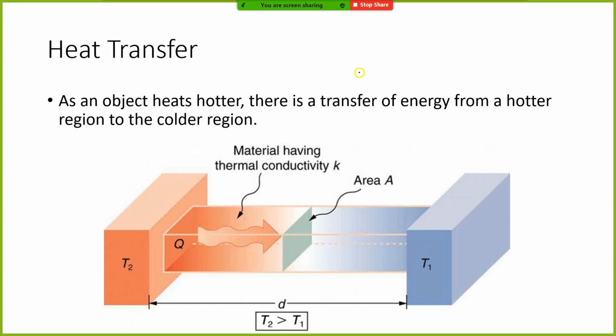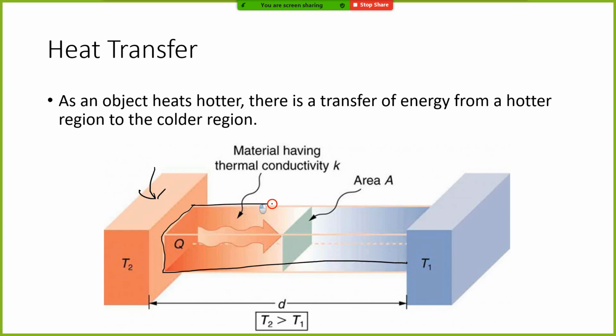Heat transfer. We know that heat transfers from a hotter region to a cooler region. So as an object gets hotter, there is a transfer of energy, which is heat, moving from the hotter region to a cooler region. Let's imagine that you have this block right here that is heated, and you connect another piece of conductor, such as a piece of metal, in between.